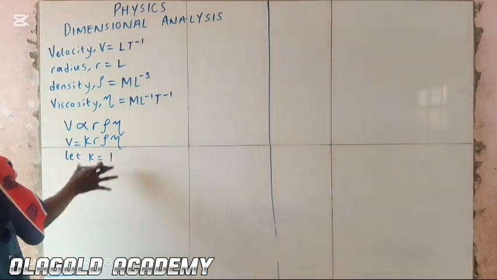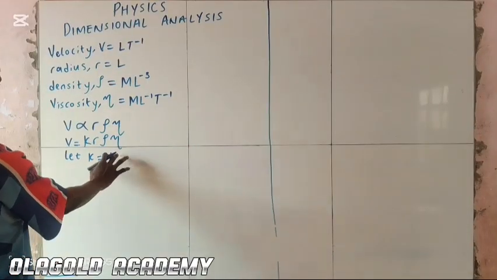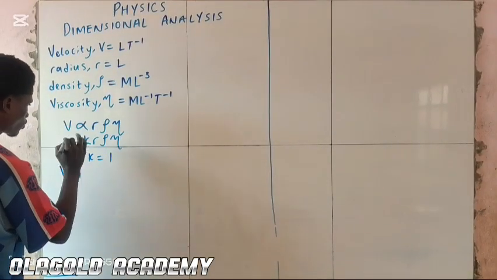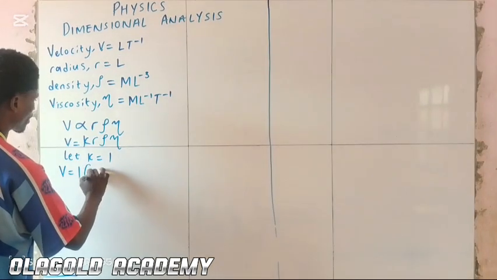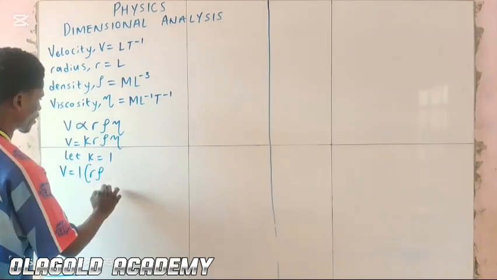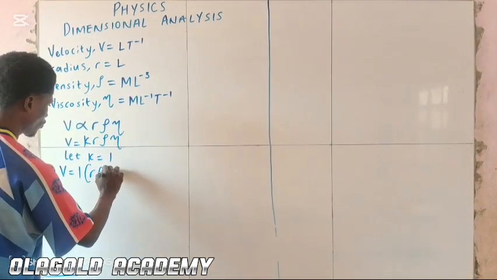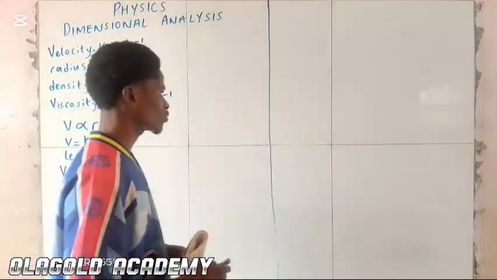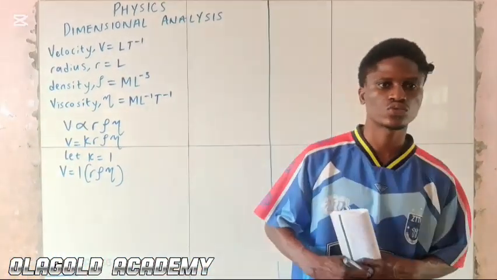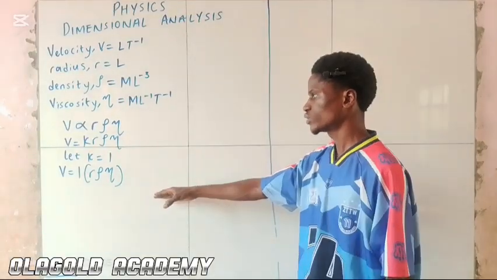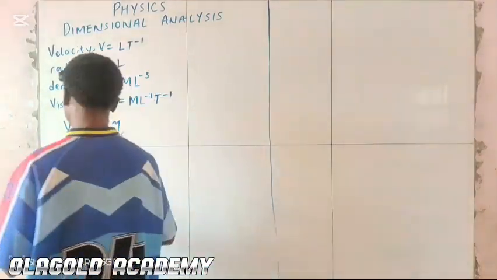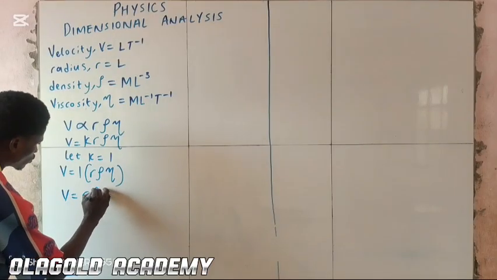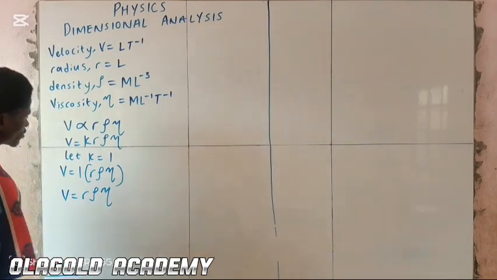So V is equal to 1 multiplied by radius, rho, and eta. Now, if we use 1 to open the brackets, it becomes V equal to radius, rho, and eta.